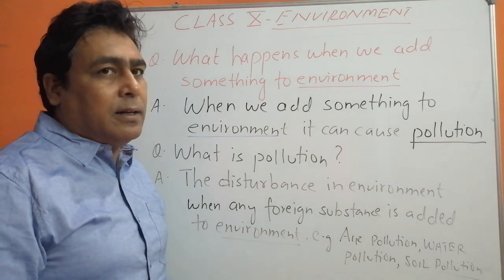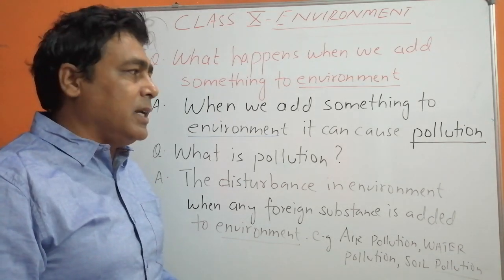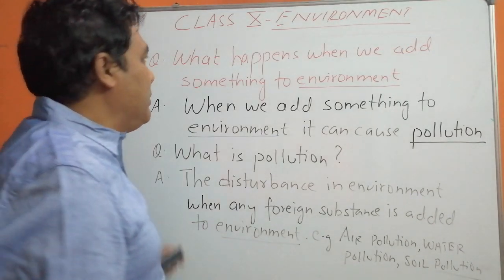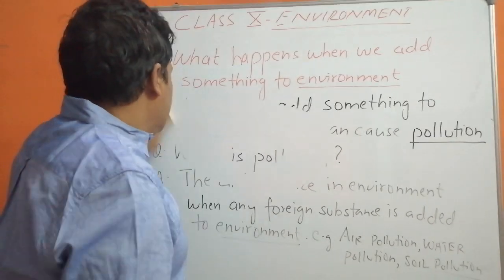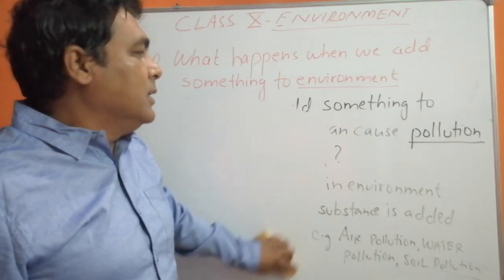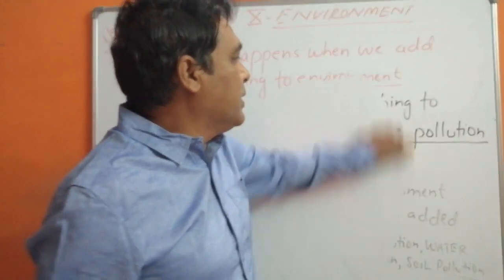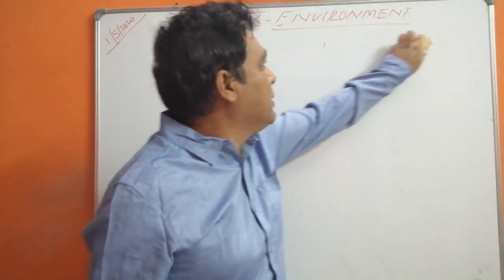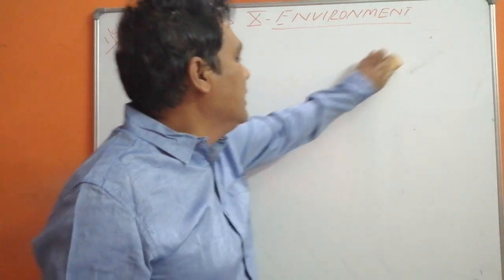Sometimes they are degradable, sometimes they are non-degradable. Now what is this degradable and non-degradable? Just now I talked about what happens when we add something to the environment. Now that something is the usable substances that we are using.